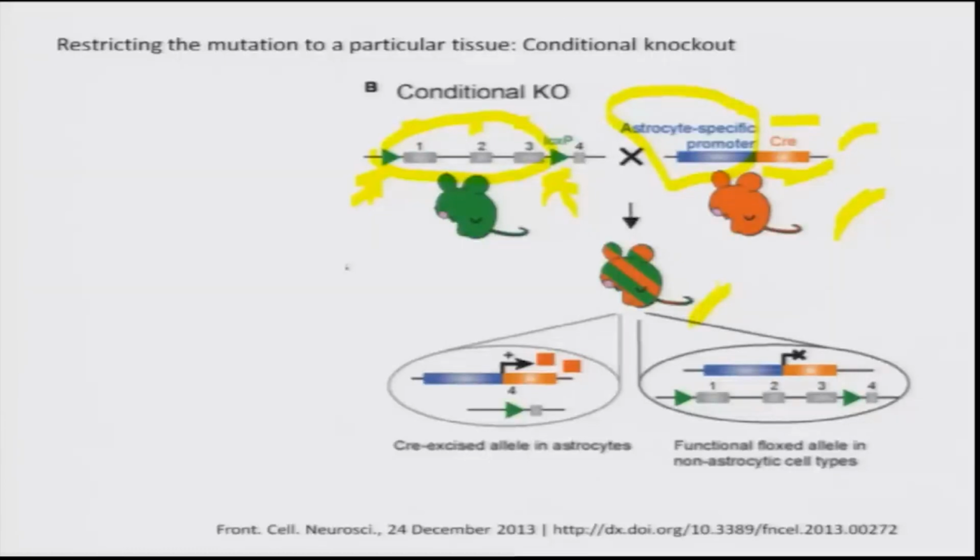Now in this animal, in astrocytes, these differentiated cells, you would have Cre recombinase. Therefore, the gene will be deleted only in these cells. In other tissue, for example, the digestive system or even the neuron or during development, this gene is absolutely normal. Therefore, you do not see any defect. So, whatever effect you are going to see now is because of the loss of the gene in astrocytes.